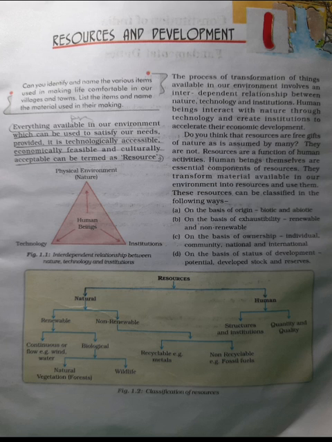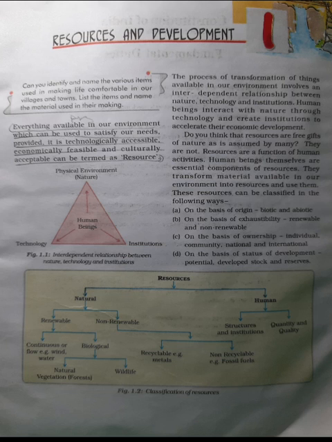But there are many resources which we cannot use directly as they are available in nature, like minerals. We cannot use minerals directly, but through various technologies, we can make them accessible for us, like groundwater, gold, silver, coal and crude oil. So there are so many things.